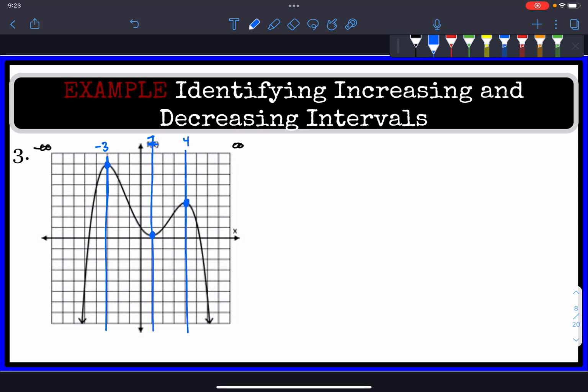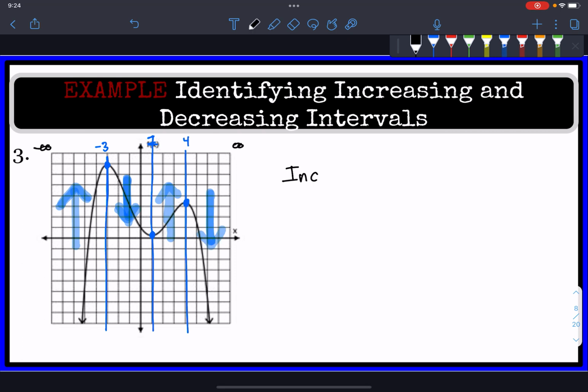So we're going to break our interval from -infinity to +infinity into 1, 2, 3, 4 sections. And all we have to do again is just simply look at how the graph is behaving from left to right in each one of those sections. So from left to right, the graph starts by increasing, then decreases, changes direction and increases, and then changes direction and decreases.